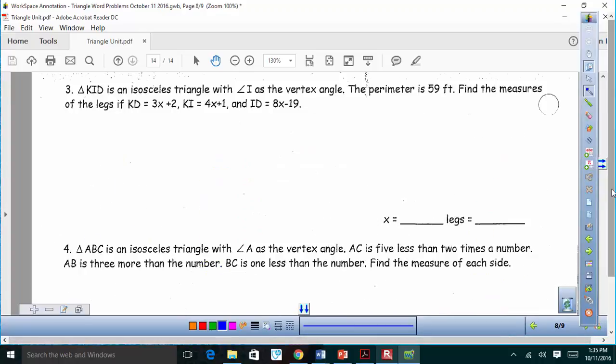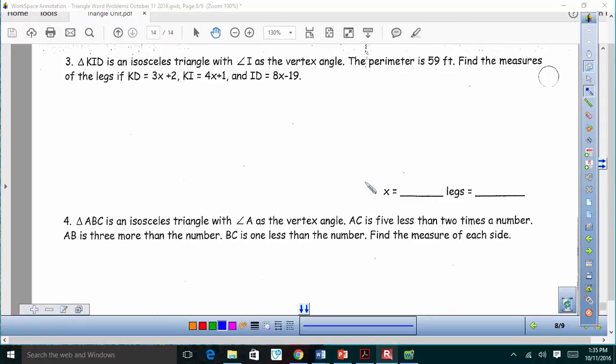Okay, so let's try this one right here. So the first thing that I want to do is I'm going to draw an isosceles triangle, or close to it. Okay, so this tells me that triangle KID is an isosceles triangle with angle I as the vertex.